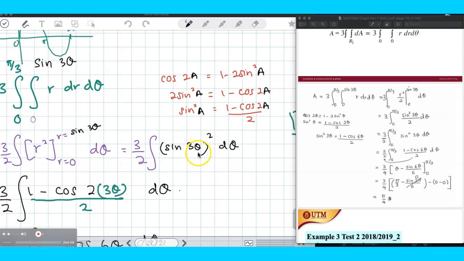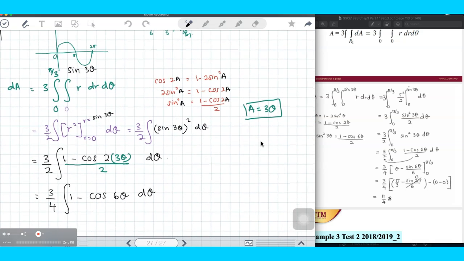In this case, you cannot directly integrate with respect to theta because you have multiple layers of function here, so you have to reduce the power to 1. To do this, you use the trigonometric identity, where sine squared A is given by 1 minus cos 2A over 2, but now your A here is 3 theta.